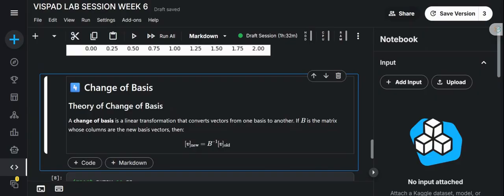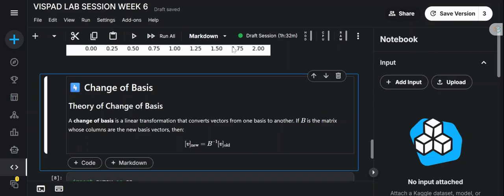It's simply multiplying the old vectors by the inverse of B.